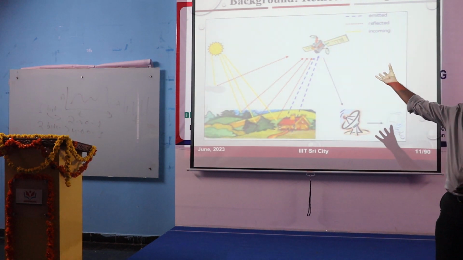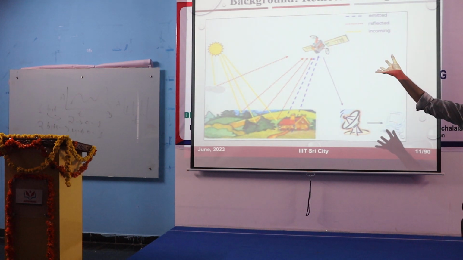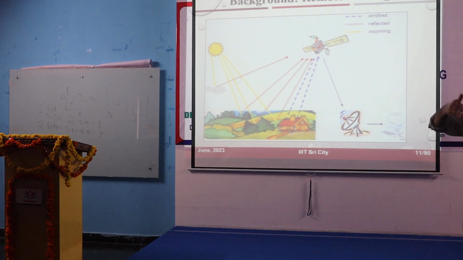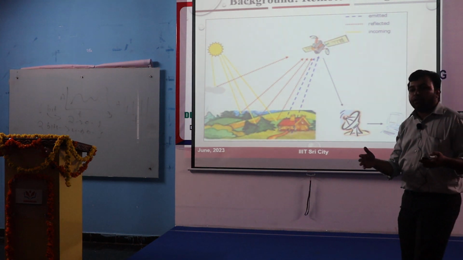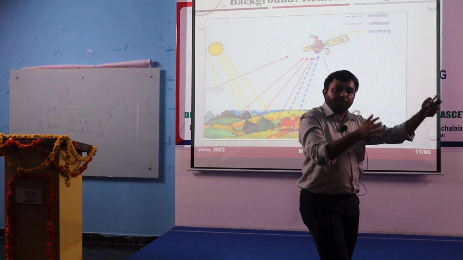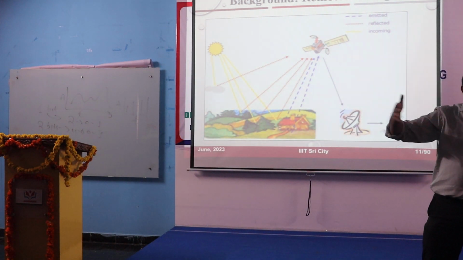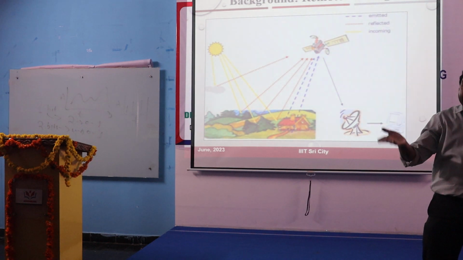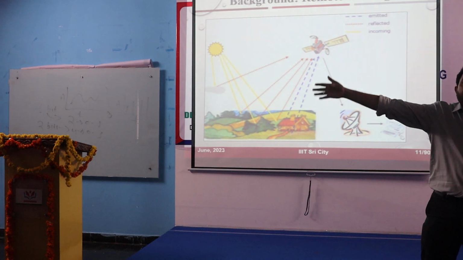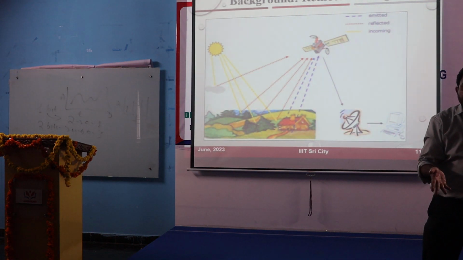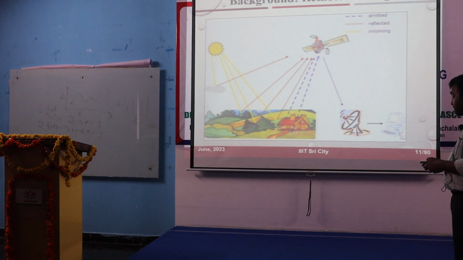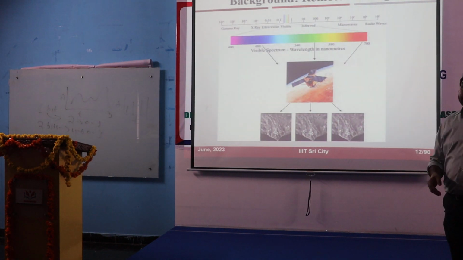And you have a sensor on board the satellite, which is actually a camera, which will capture images in all these different wavelength domains. Like I told, we have a red camera, a green camera, a blue camera. The satellite will also have all these sensors. In addition, the satellite will also have sensors for other portions of the spectrum, which we cannot sense. We can only sense red, green and blue, but the satellite can sense all the other regions of the spectra as well.